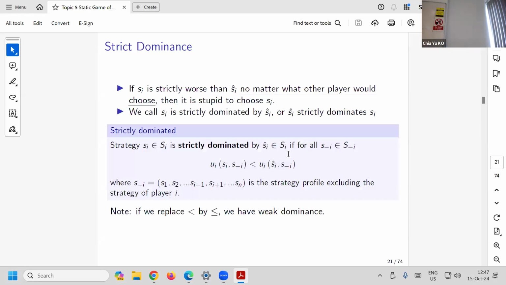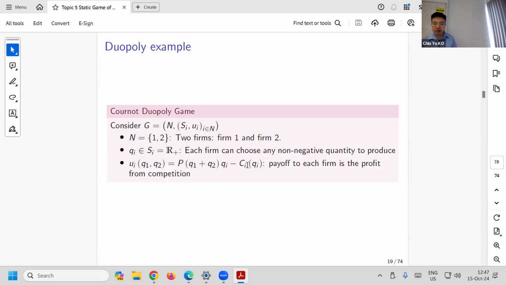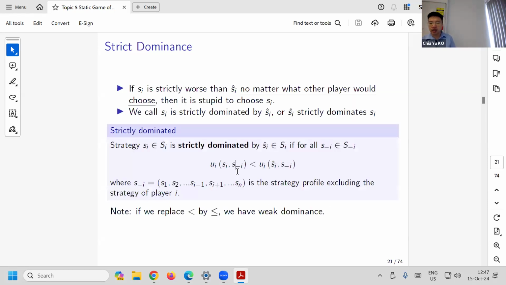So probably you would know how to solve the game. We have this normal form game, right? And for this kind of game, the main solution concept we use is called Nash equilibrium. Okay. But in this particular game, we learn something less restrictive.